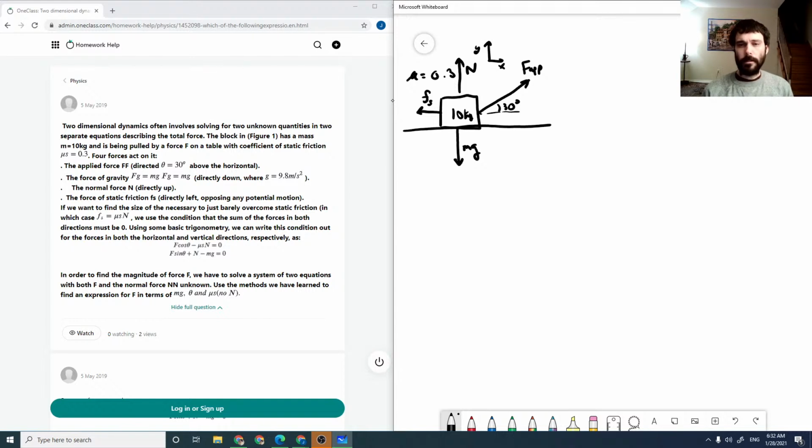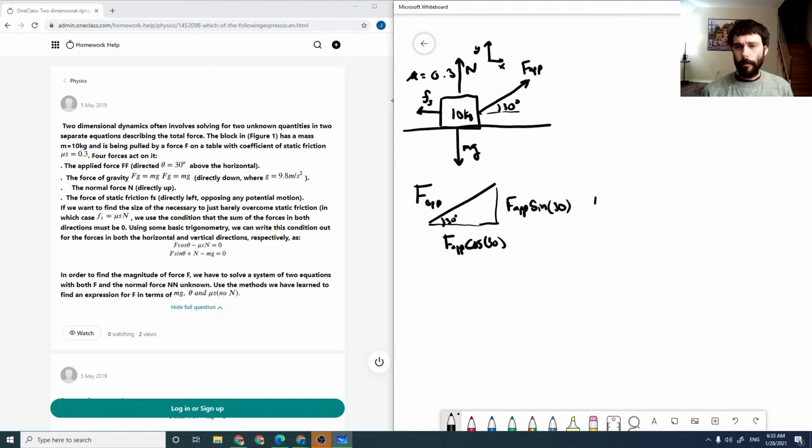So first let's decompose our applied force. We've got this 30-degree angle. And so if this is force applied, then this is force applied cosine of 30. And this is force applied sine of 30. Okay?